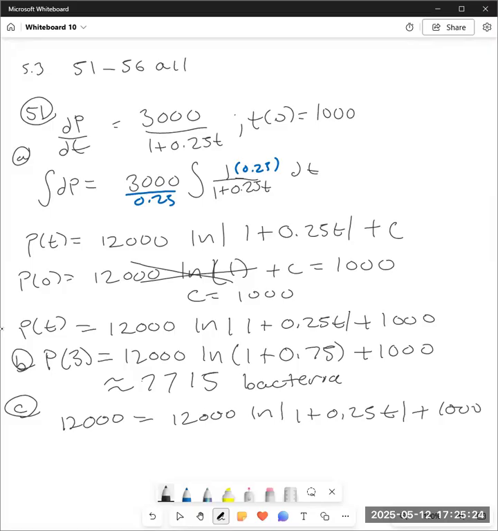Switching sides of the equation here, 12,000 ln of 1 plus 0.25t plus 1,000 is equal to 12,000. I just want my solution to be on the right.